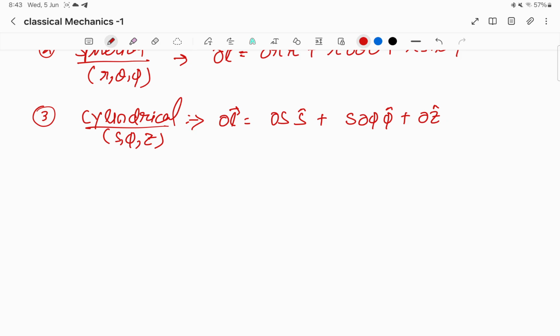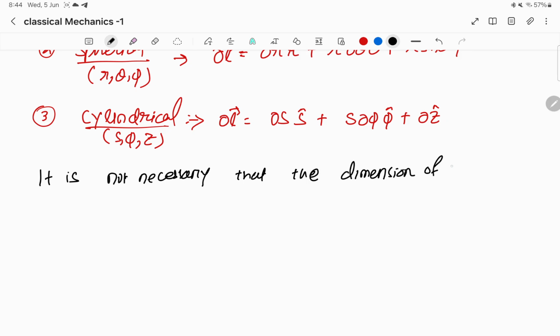Then in J.C. Upadhyay it is written the dimension of generalized force, but people always confuse it with the dimension of force. It is not necessary, mark my words, it is not necessary that the dimension of force is always equal to the dimension of generalized force.